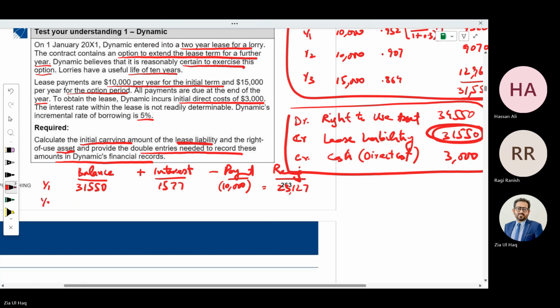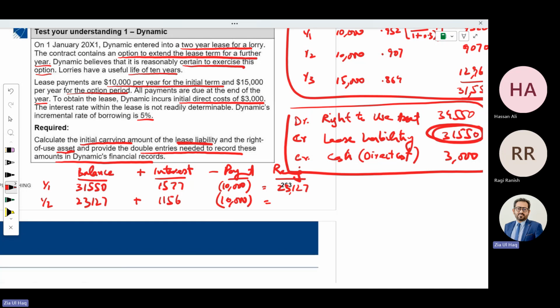In year 2, this 23127 will be the opening balance. In that, you will add the interest. What is 5% of 23127? 1156. And you will make a payment of how much? 10,000.